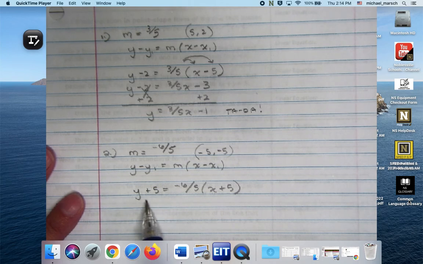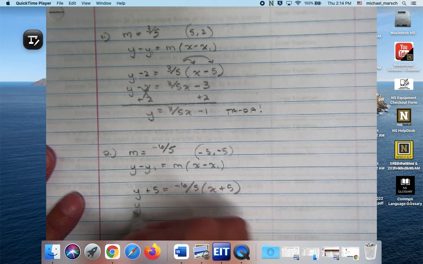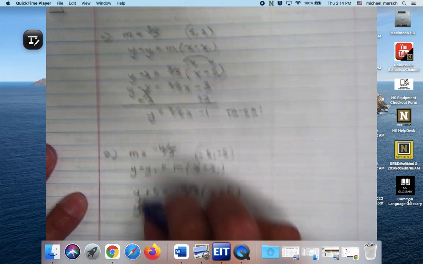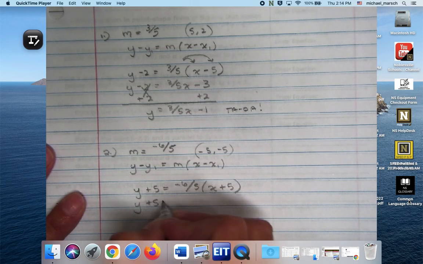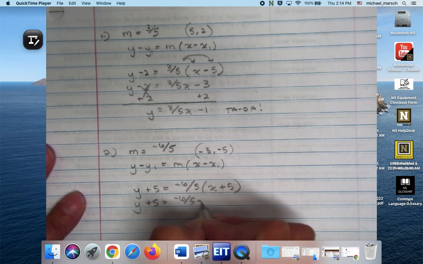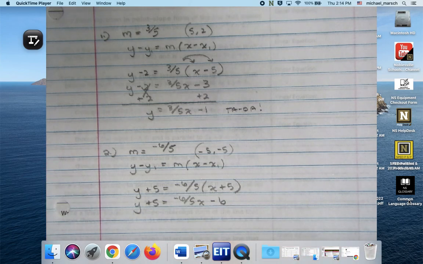And these turn into positive 5s because minus a negative is a positive, right? So y minus negative 5 is going to be plus 5. x minus negative 5 is going to be plus 5. So then I get y plus 5 equals negative 6/5 x minus 6.